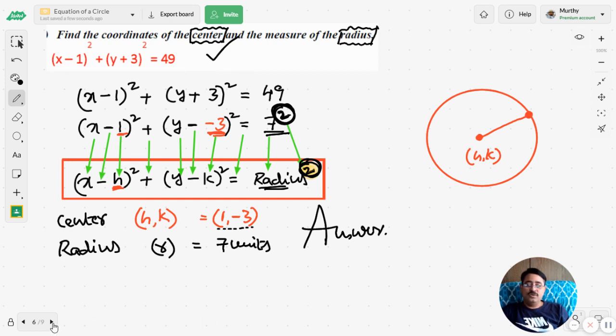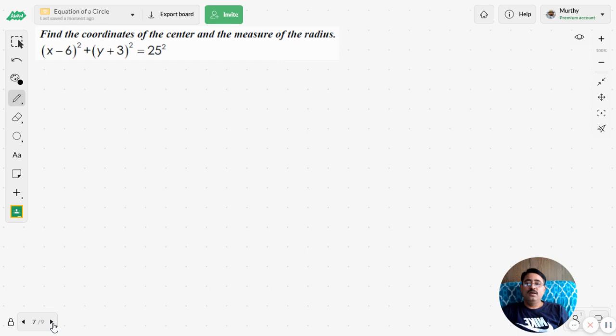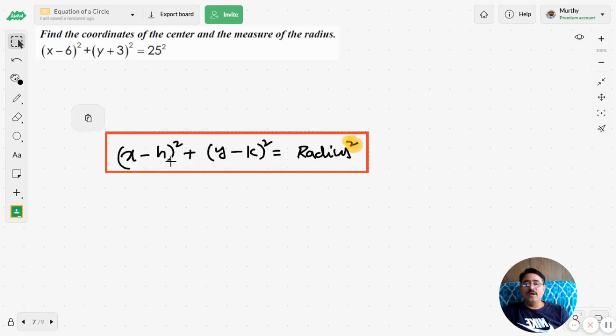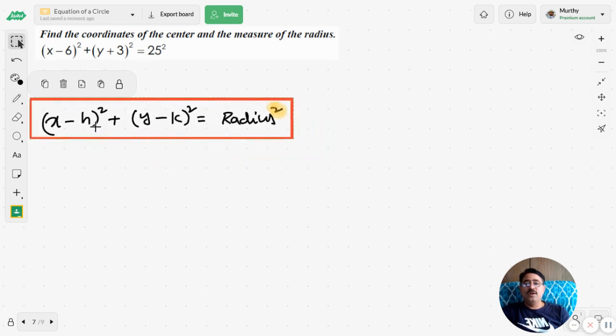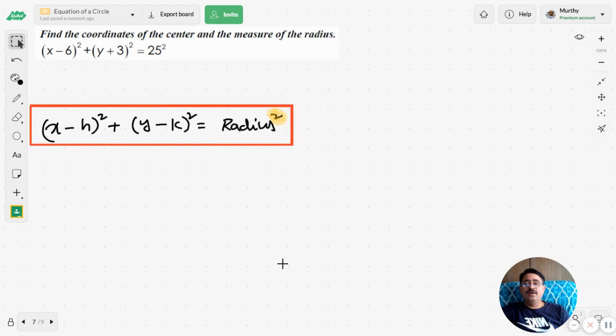So next one is more or less the same as the previous one. So first of all, let me copy the condition or the rule, and first of all, let me compare and check whether everything is matching or not. x is matching with x, negative sign, awesome.